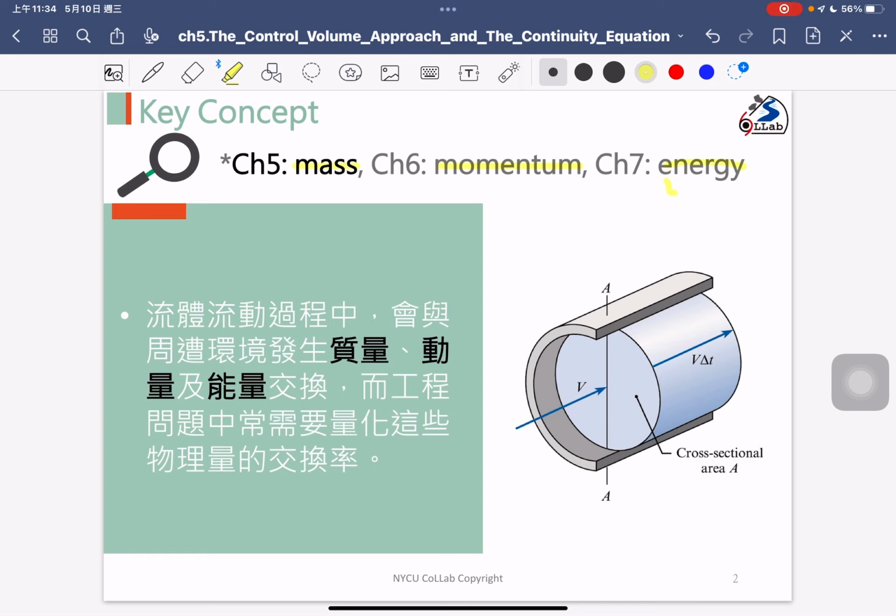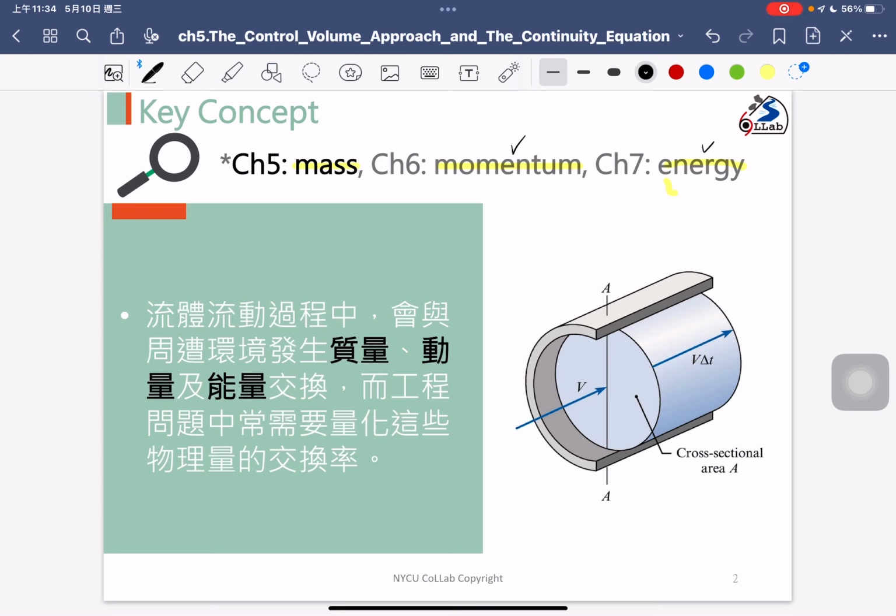As you can see, in the following chapters the concept is almost the same, but we only change the physical property. For chapter 5, we will introduce how we can analyze the mass exchange in our systems. Then we keep the same idea, but change the physical property to momentum and energy in the following chapters.